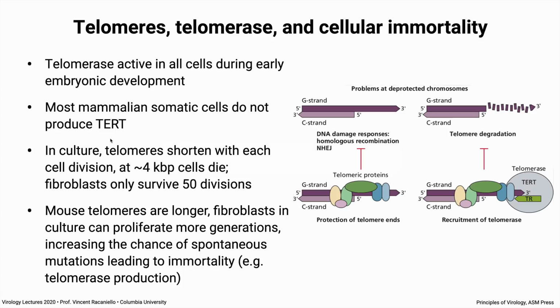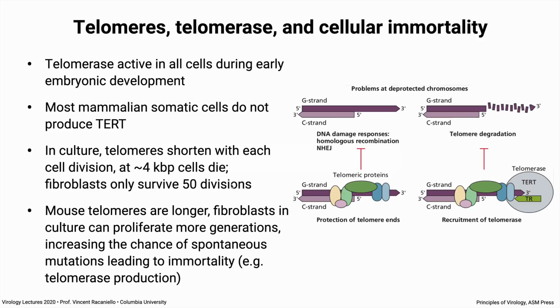Now, in an organism, it doesn't matter because cells turn over. Most of our cells turn over and are replaced. But in culture, every time the cells divide, the telomeres keep getting shorter and shorter until about 4,000 bases, the cells die. They induce apoptosis, and that's why the human cells only survive about 50 divisions, as we showed in the previous slide.